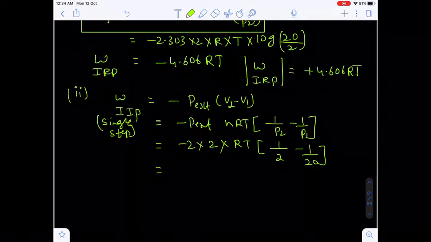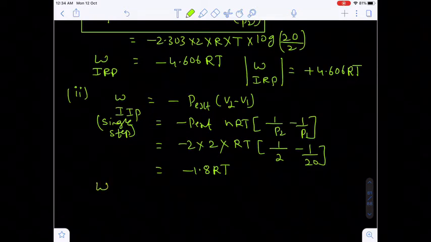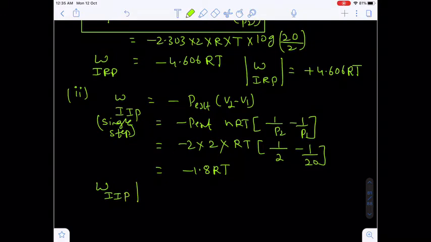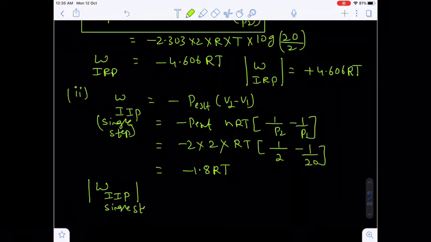After simplification, you will get minus 1.8 RT. Now if you take the modulus value of work done in isothermal irreversible expansion in a single step, that will be equal to 1.8 RT.